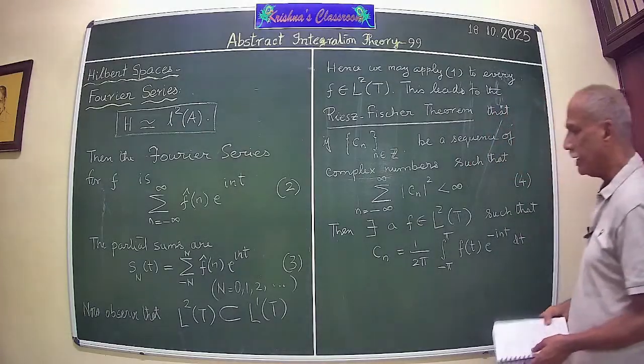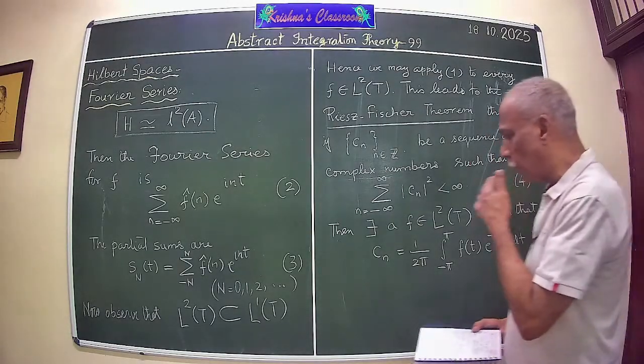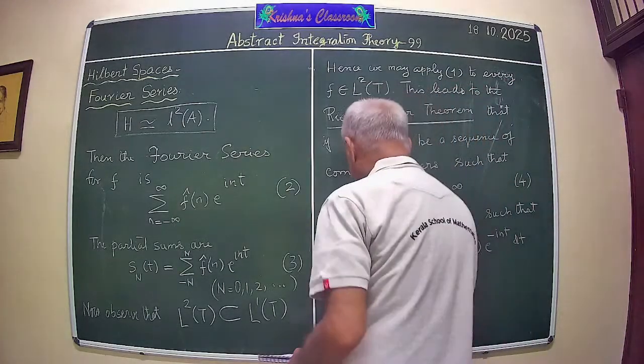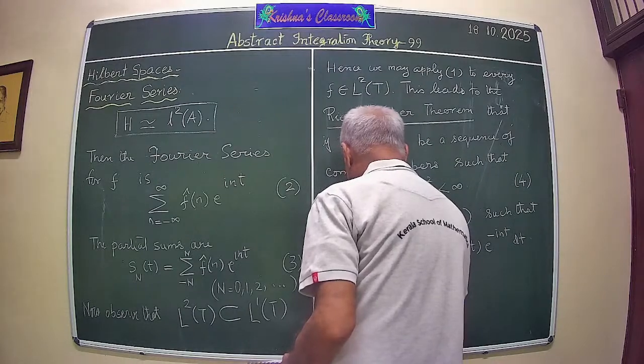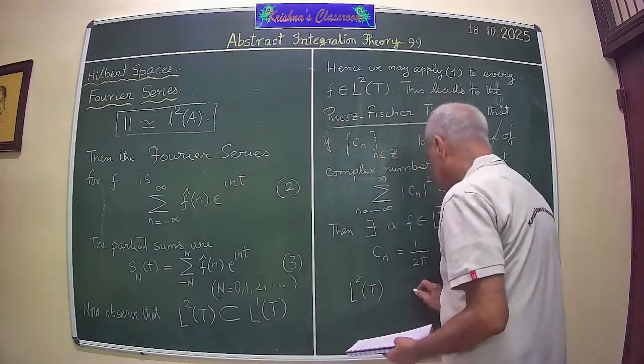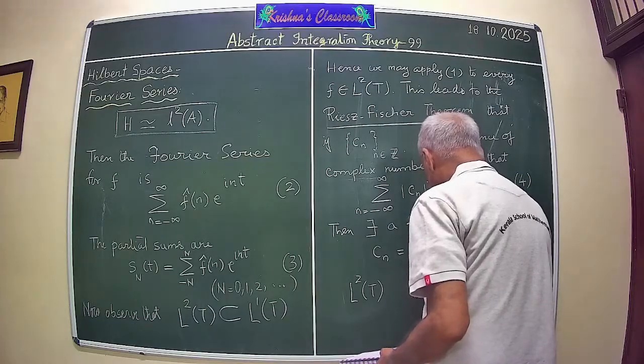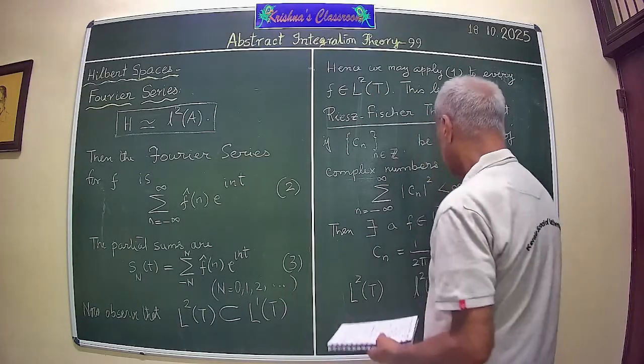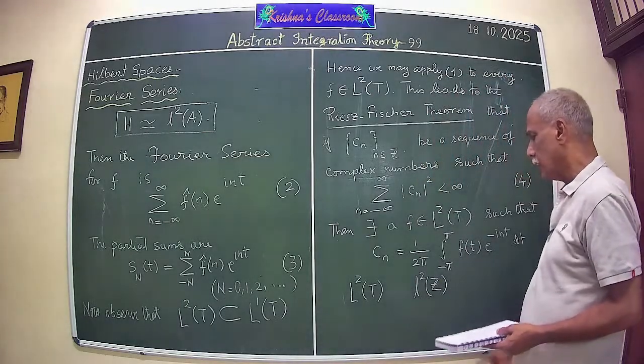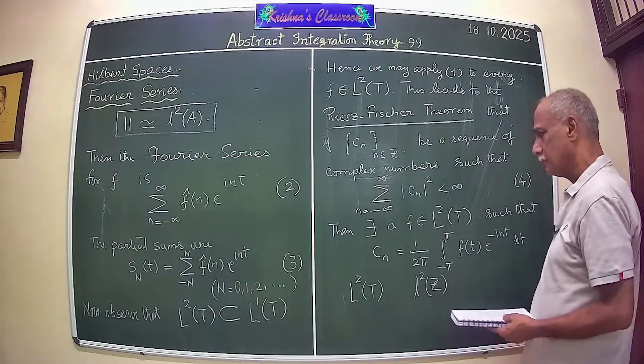what you are proving is the following. See, you have got on one side L2T as a Hilbert space. On the other side, you have got L2Z. That's also a Hilbert space. Okay.